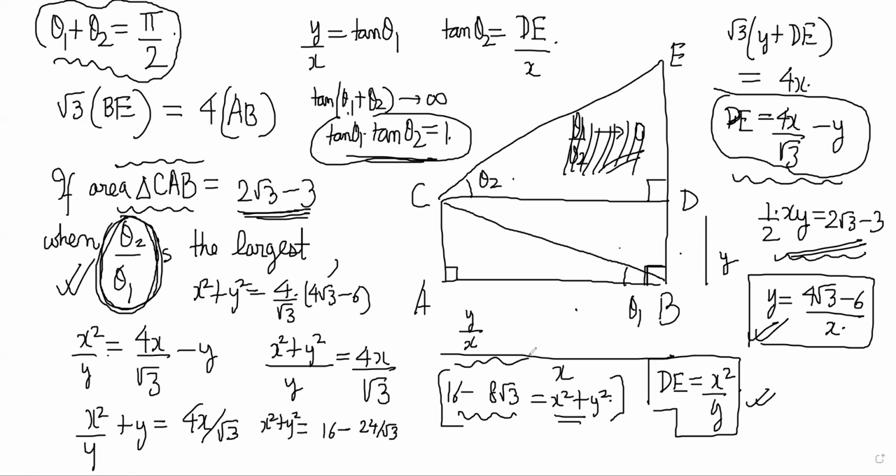What are you doing? I mean to say we can take CD as one type of length, and then we can trace all the lengths, and then if we write the equation, I think it can be a little bit simpler. Area of the triangle CAB is equal to this.